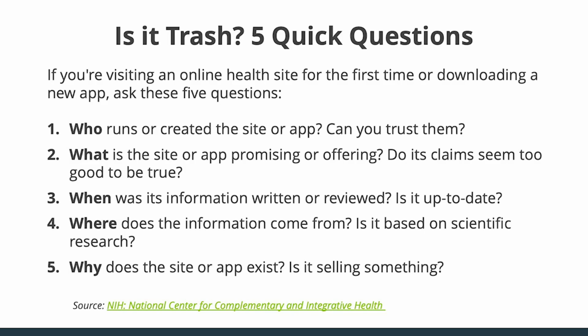So let's get into this specifically of trash. How do we identify what is trash? So in this program, we're going to look at 2 different strategies for identifying trash. The first one is the 5 quick questions, and it was put together by the National Center for Complementary and Integrative Health.